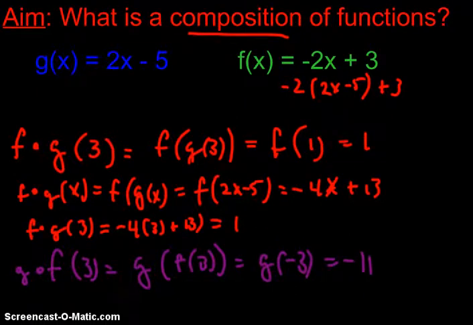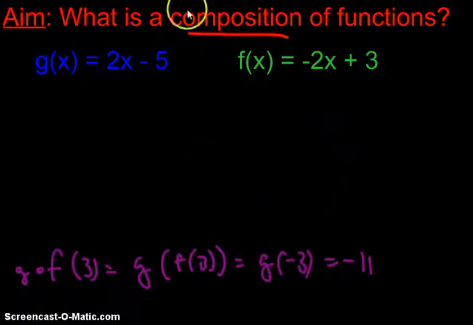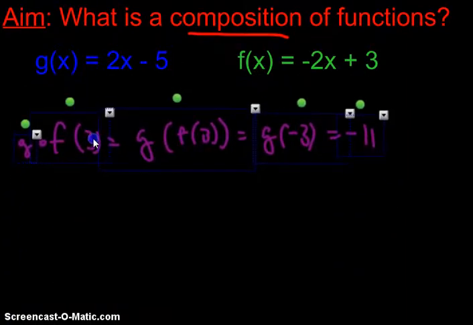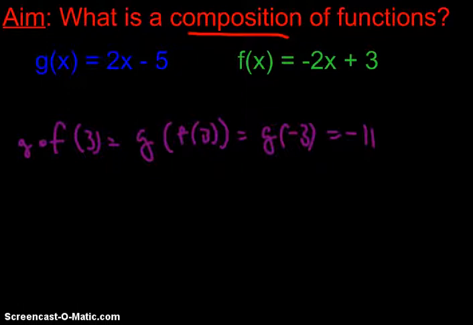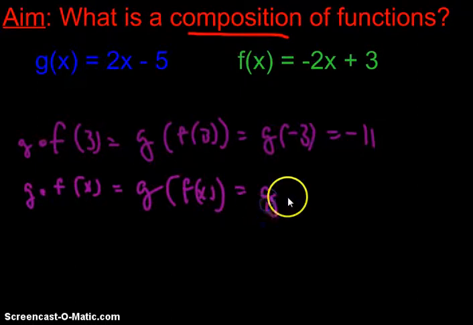So let's take a look at the purple function down below. Erase all that. So what is g of f of x? Well, that's g of the value of f of x, which is equal to negative 2x plus 3.